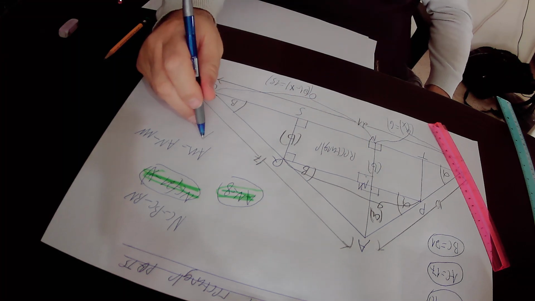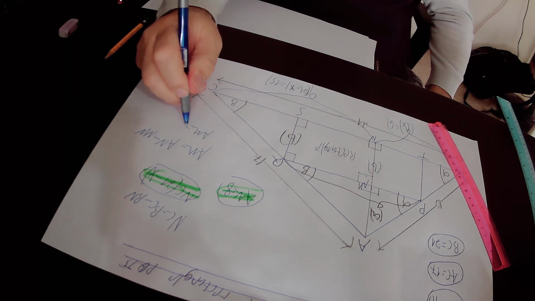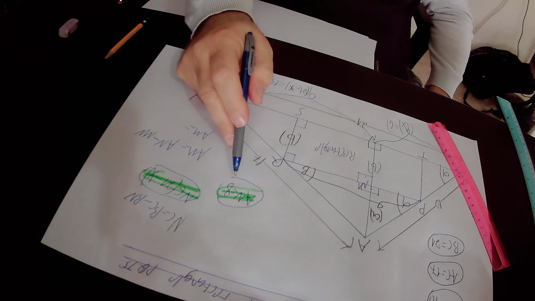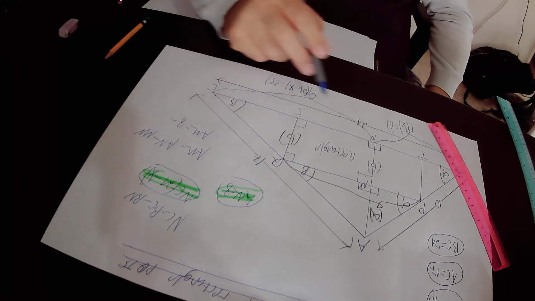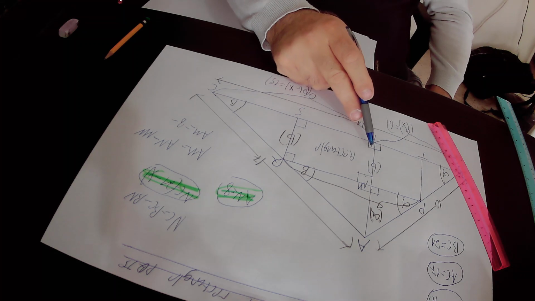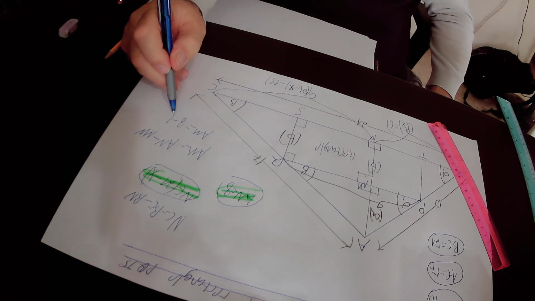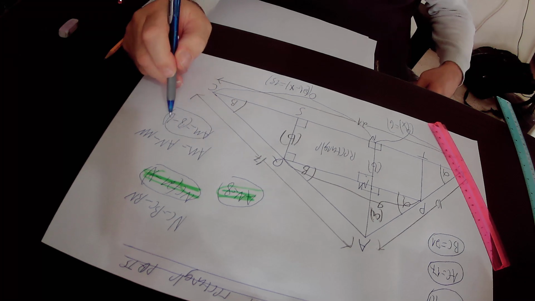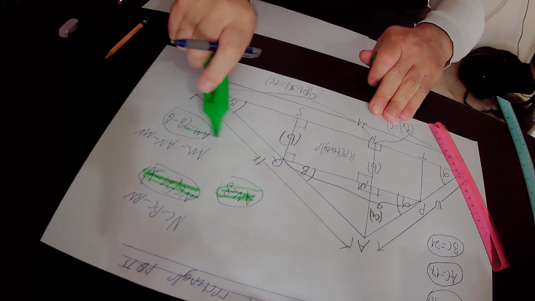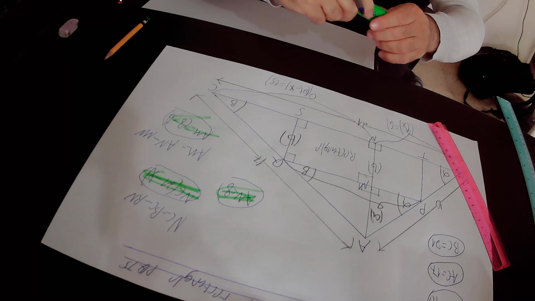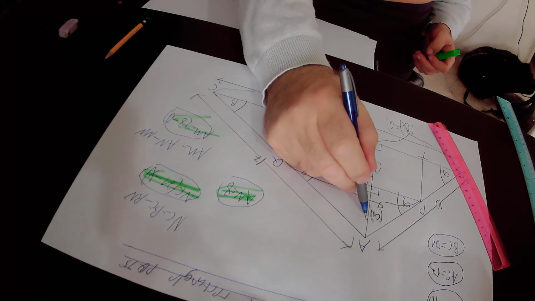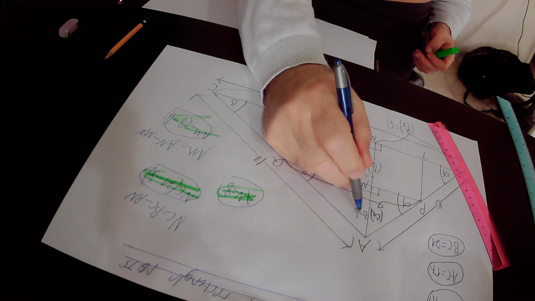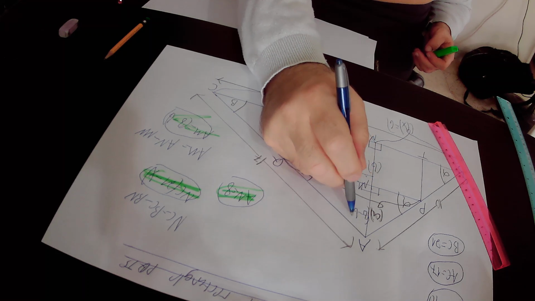So AM equals AN, that is 8, minus MN. We just found out that MN equals B. So in total, AM equals 8 minus B units in its length.